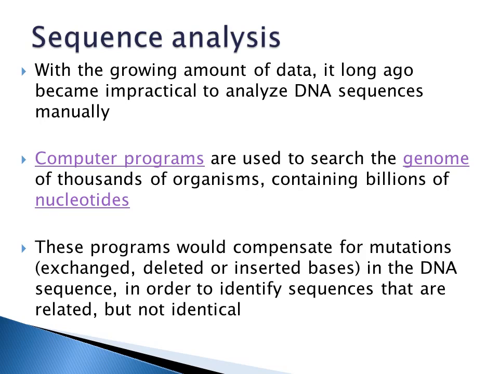Every single possible organism has been or is in the process of being sequenced. So it has become impractical to analyze all the DNA sequences manually. So what we use are computer programs to search the genome of thousands of organisms containing billions of nucleotides. So these programs compensate for mutations in the DNA sequence in order to identify sequences that are related but not identical.